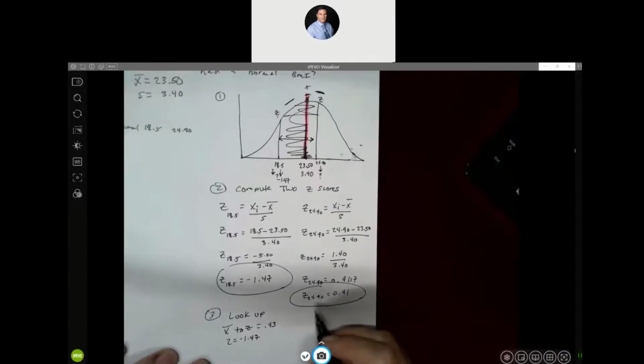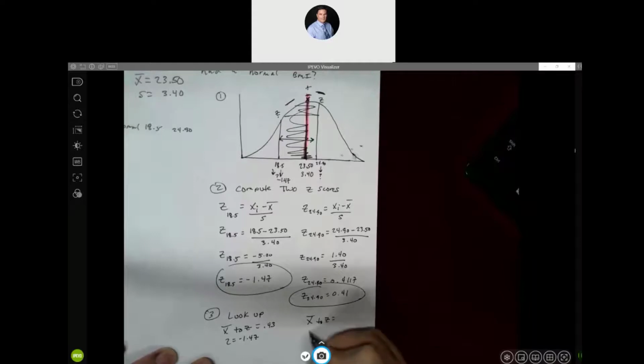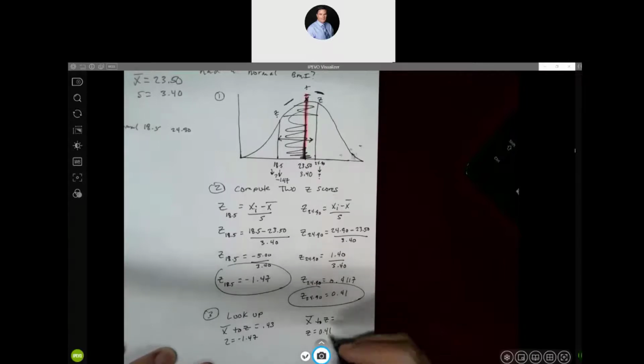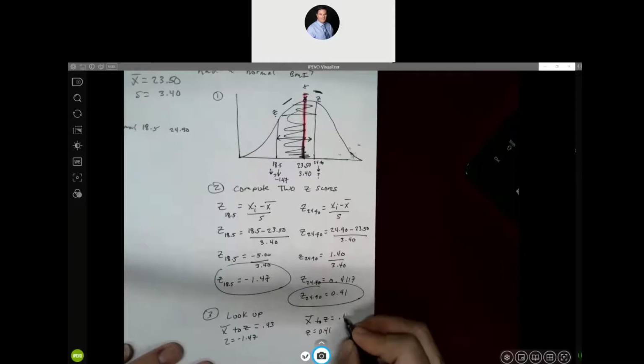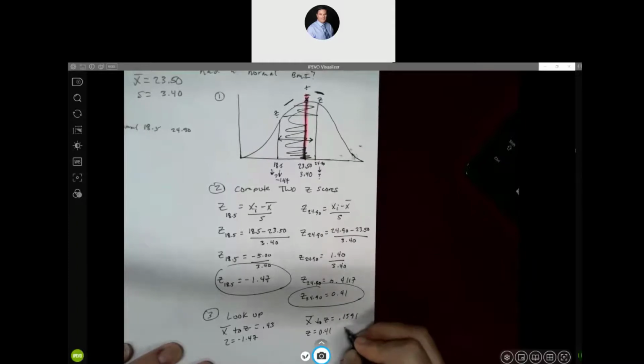And then we'll do mean to z for a z-score that's equal to 0.41. If you go to the back of the book and look up a mean to z of 0.41, you'll get 0.1591. We're going to call that 0.16.